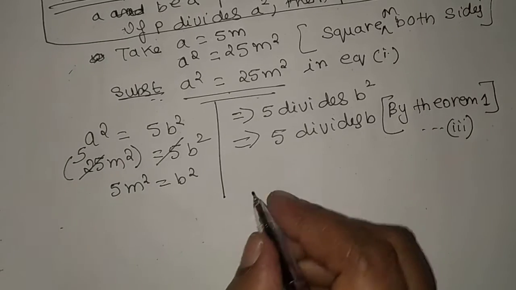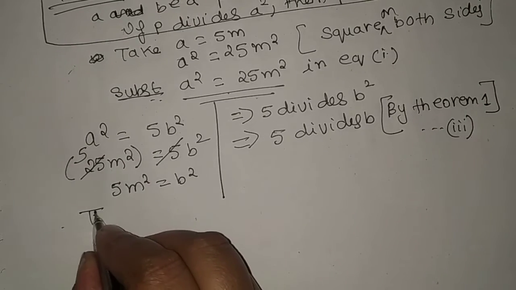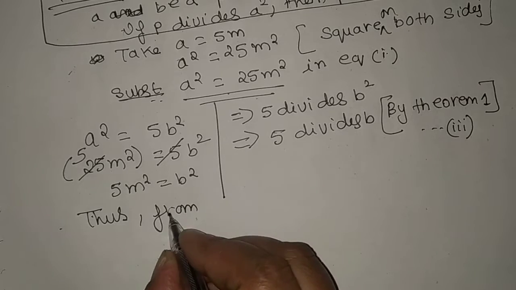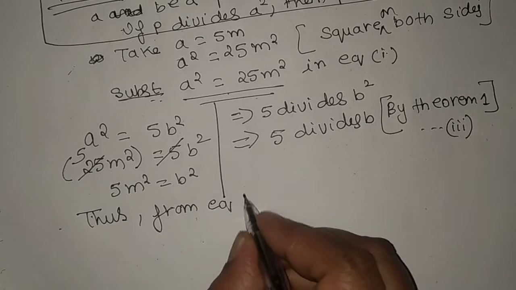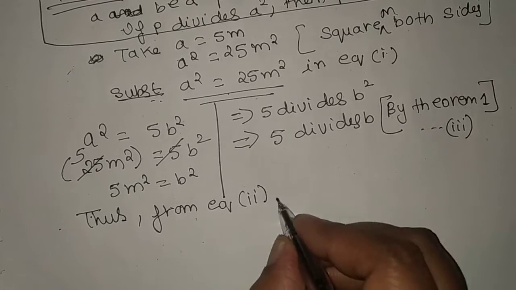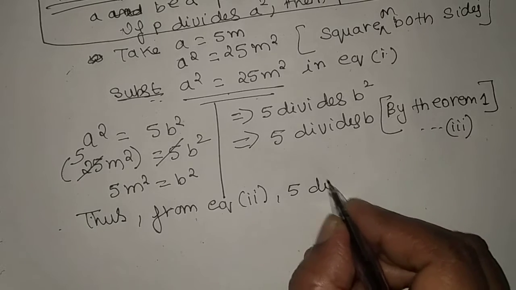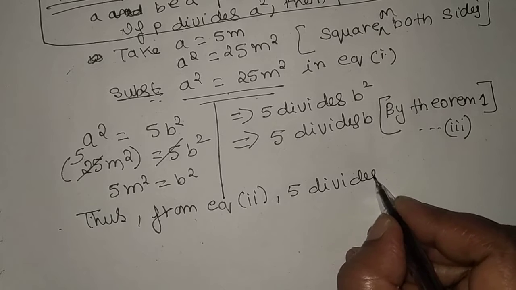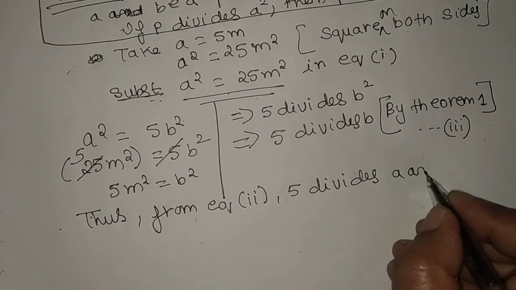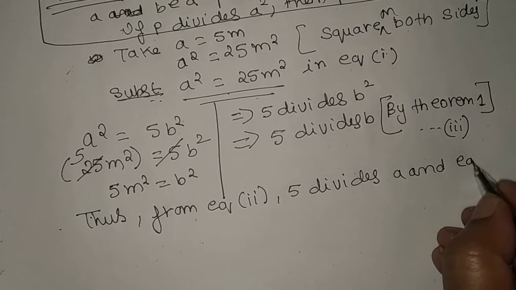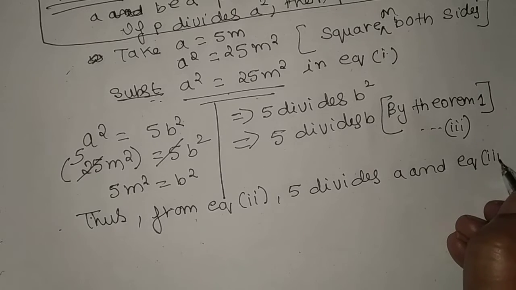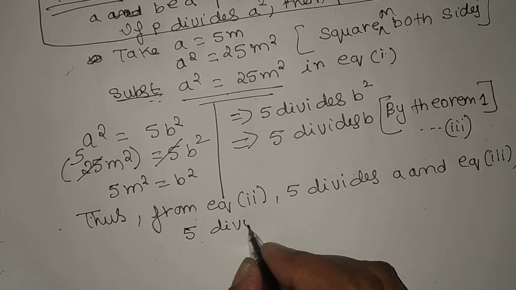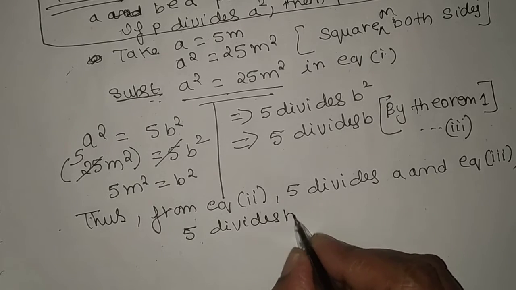After this we can write it thus: from equation 2, 5 divides a, and equation 3, 5 divides b.